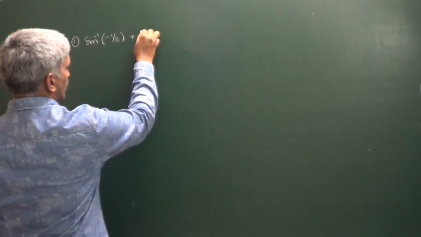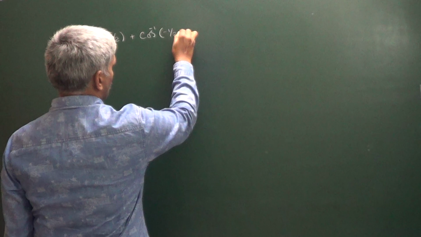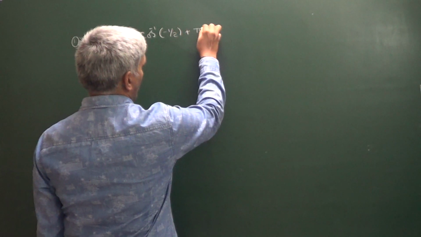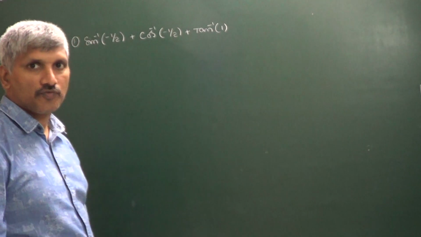Sine inverse of minus 1 by 2 plus cos inverse of minus 1 by 2 plus tan inverse 1. That value we have to find out.